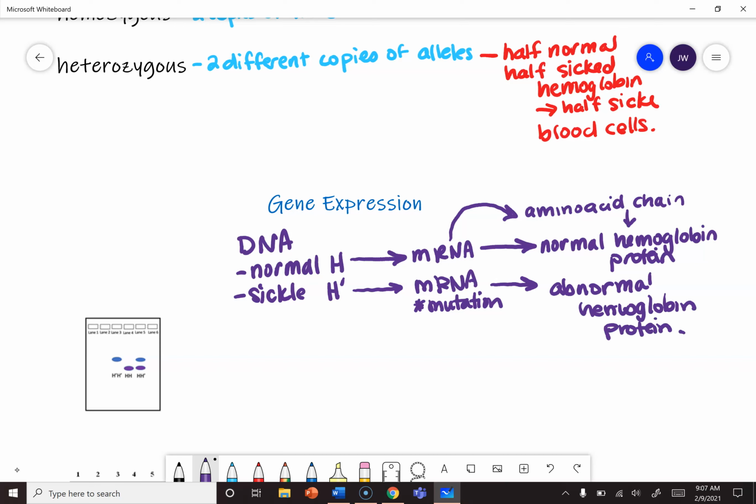So we are going to get a different protein because our mRNA was different, because our DNA has that sickle cell mutation. So a change in your DNA, a change in your genotype, is going to lead to a change in your phenotype.